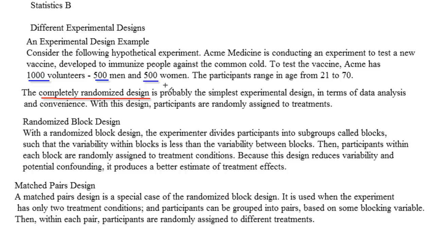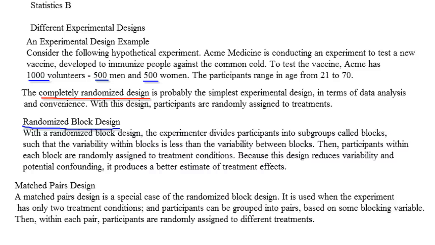This randomized block design helps deal with the confounding variable, or sorry, Simpson's paradox, where you're grouping everyone together, but then when you look at the subgroups, you get a completely different picture. So randomized block design is a little bit better than the completely randomized design.